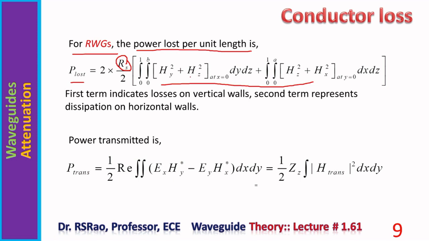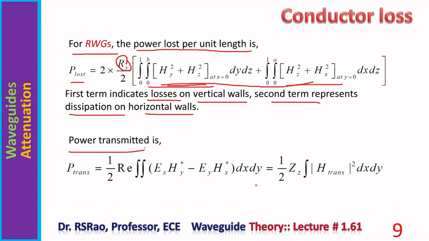So these are actually expressions for surface current density in terms of H and Hz. This expression has two parts. One part is power dissipated in the side walls, the first one. The second one is power dissipated in the broader walls. The first term indicates losses on the vertical walls, that is side walls. The second term represents dissipation on horizontal walls, that is broader walls.